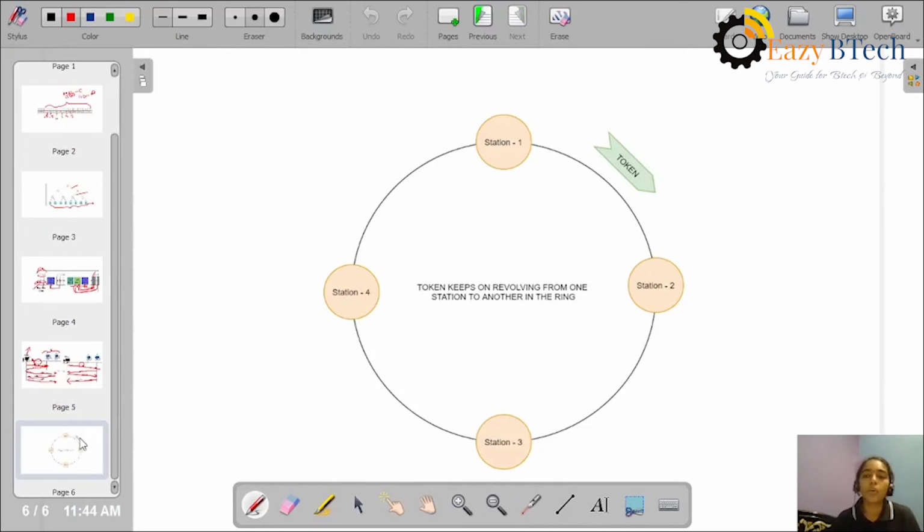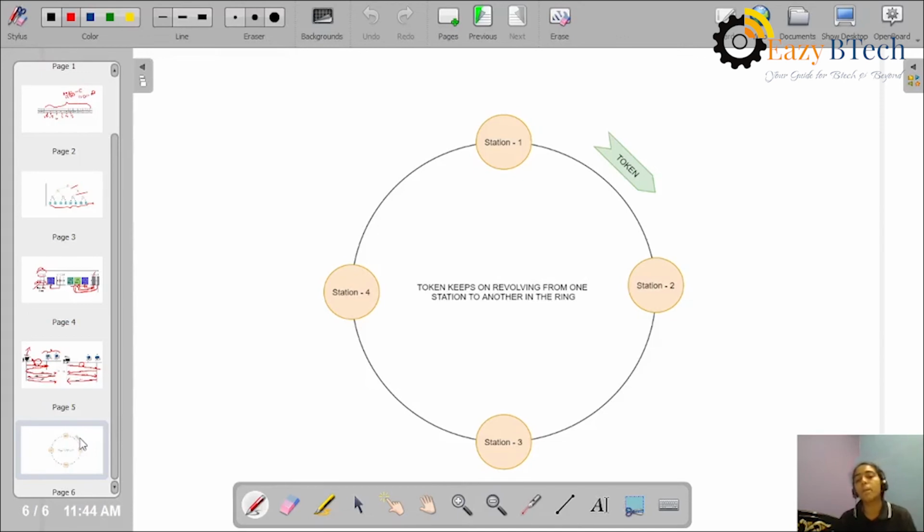Actually, the token ring is a very useful unidirectional communication in a ring topology. The IEEE has a standard for token ring also: 802.5. Whenever the IEEE standard is given for a ring, it is a very efficient way to communicate in ring topology.